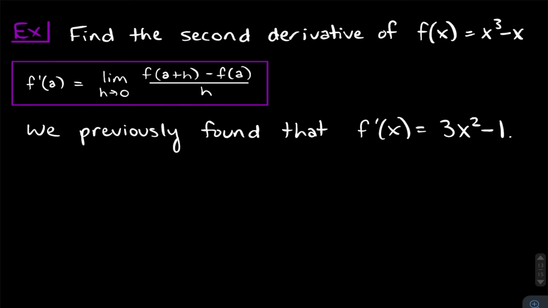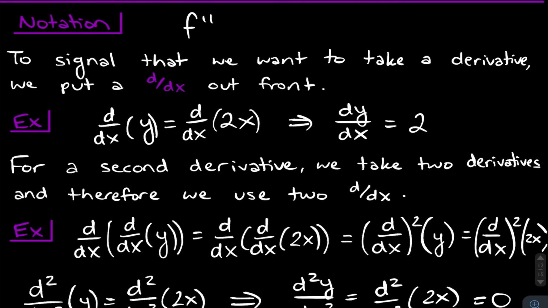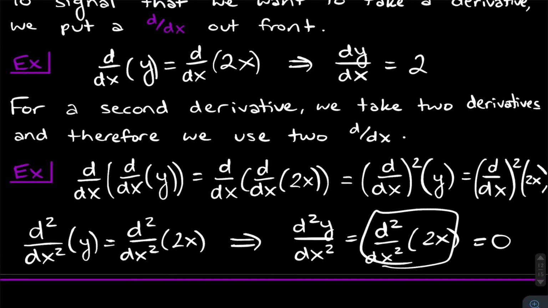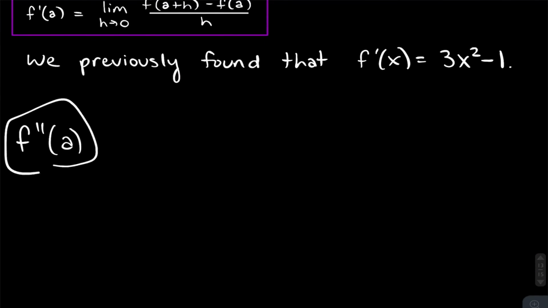So really it's going to be f double prime. That's how we denote the second derivative. In the notation, you could also write f double prime of x, and you could also write y double prime. But that was the notation with the d's and stuff. Mostly you'll probably see it like this.